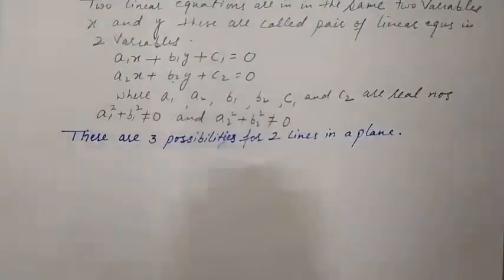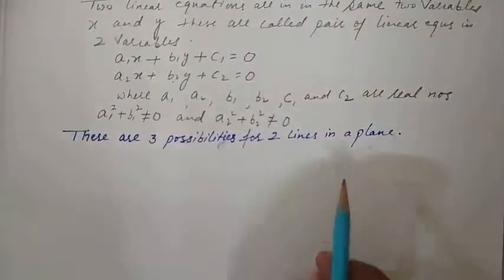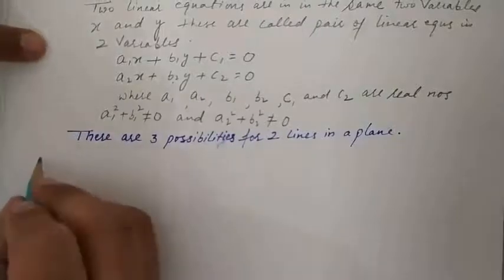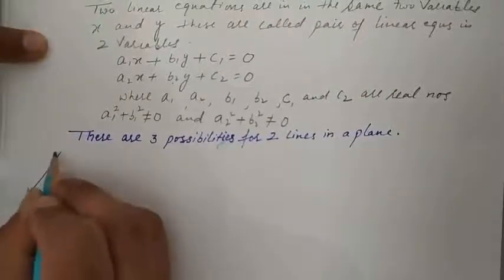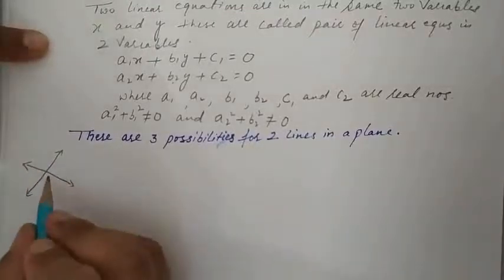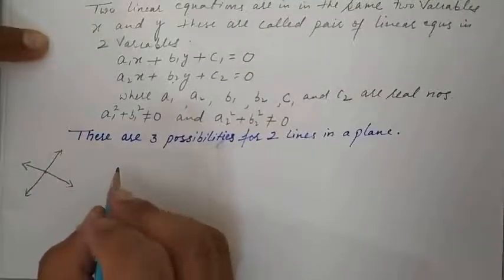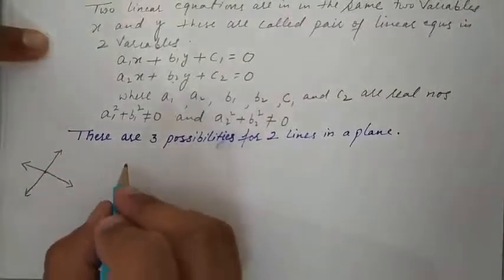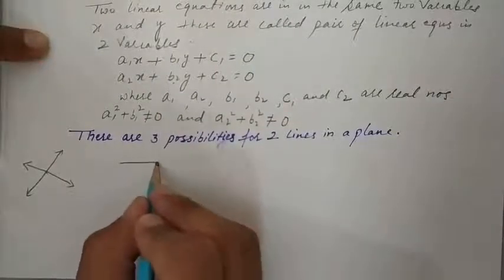There are three possibilities for two lines in a plane. First is lines are intersecting. See, two lines can be intersecting at one point here. Number two, lines can be not intersecting, or these will be parallel.